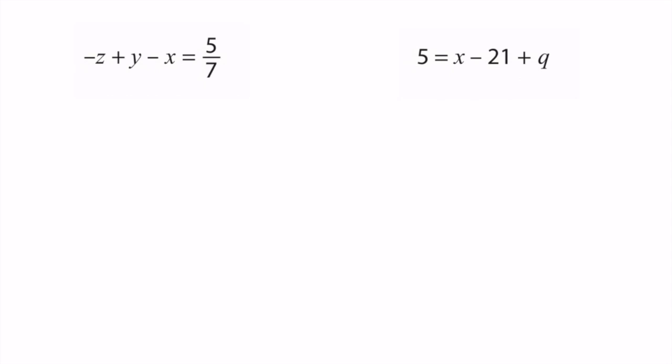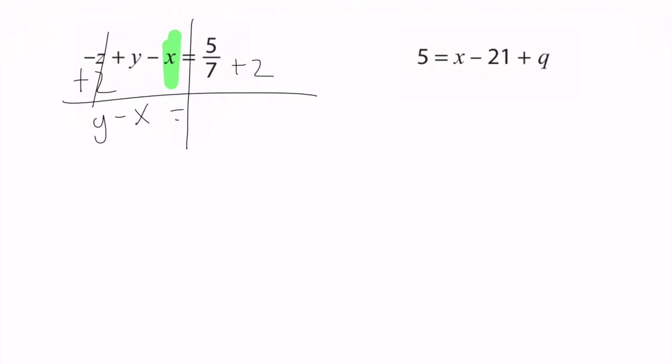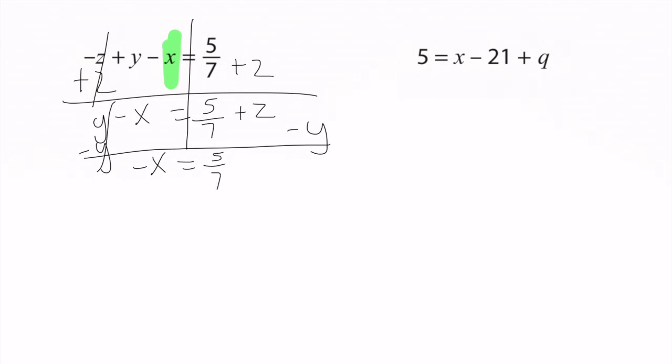All right, so here's our x in this question. We can go ahead and subtract or add the z to this side. So we're left with y minus x equals 5/7 plus z. Then we can go ahead and subtract the y. So we're left with negative x equals 5/7 plus z minus y.